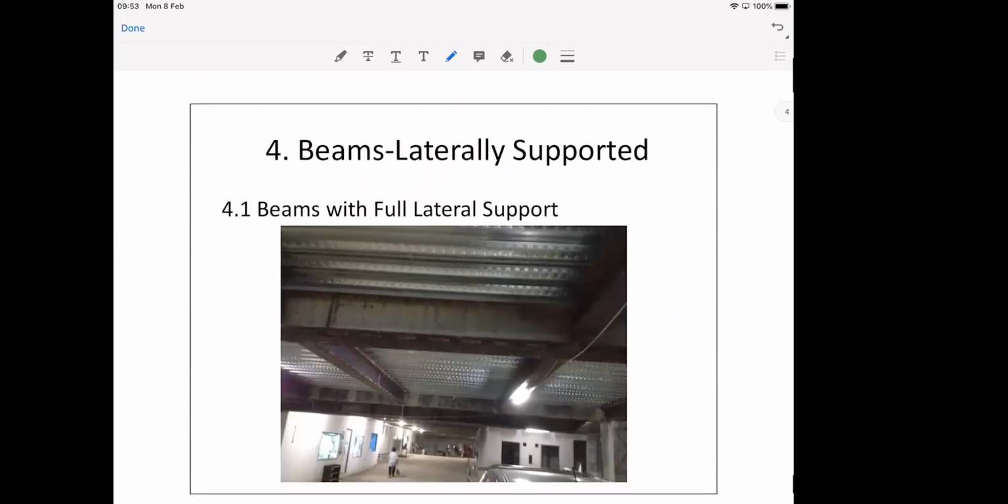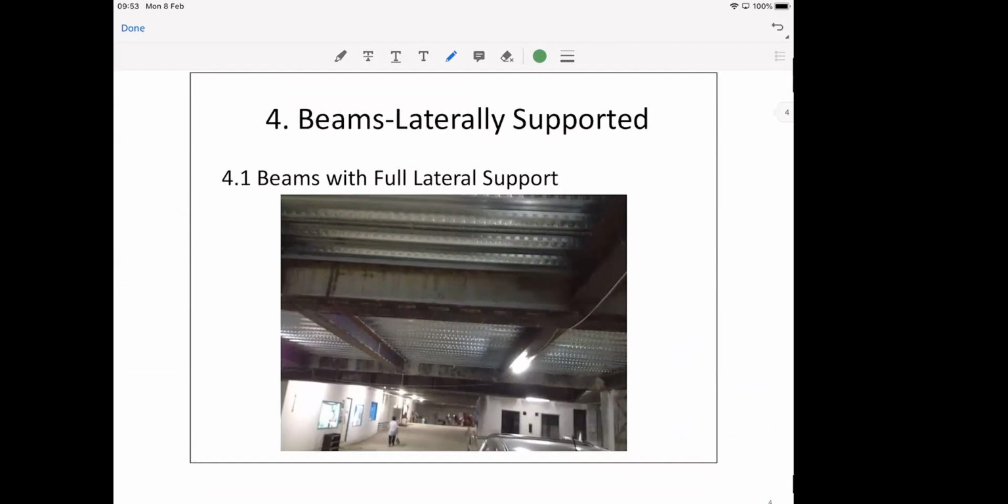Okay, this is another picture. The previous picture is the hollow core. This time is a metal deck. And again, you can see that the direction of the floor is this. That means half of this side will go onto this beam, right?